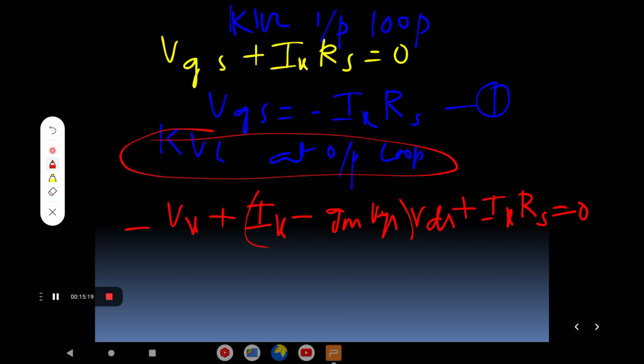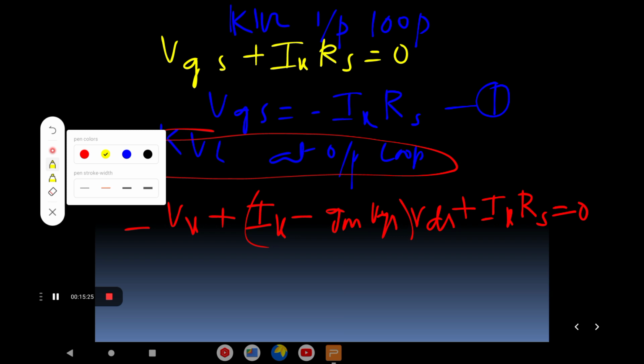From this, you need to calculate Vx by Ix. So you will take out the common terms.